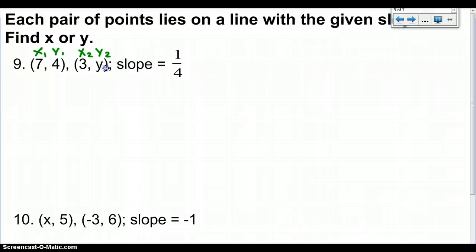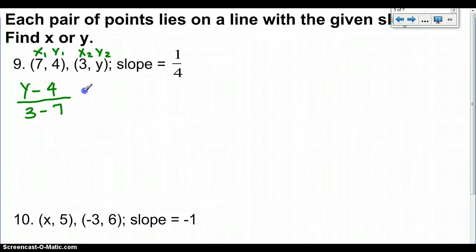So we have y2, which is y, minus our y1, which is 4, over our x2, which is 3, minus our x1, which is 7.